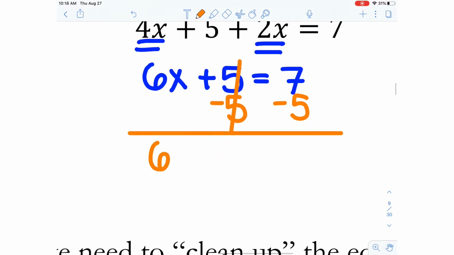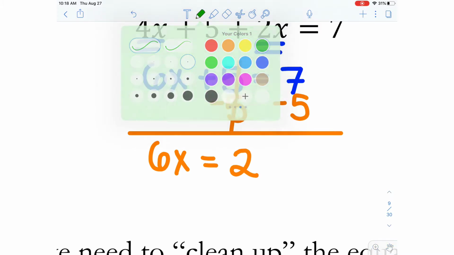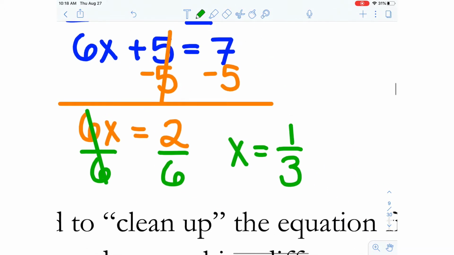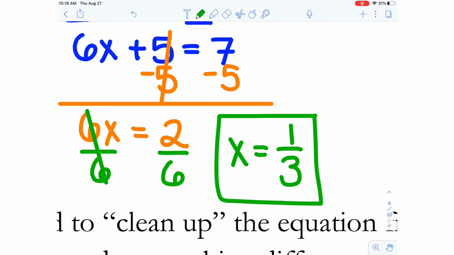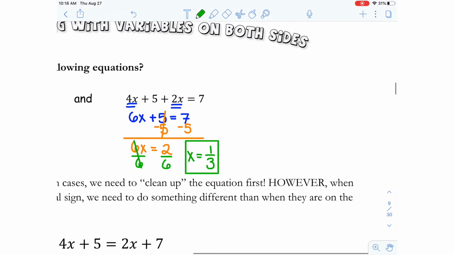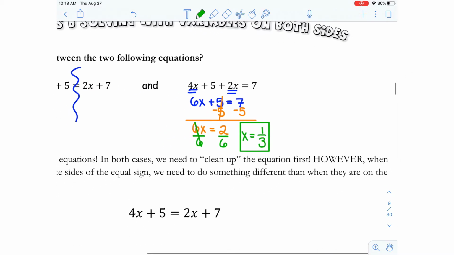So I'm left with 6x equals 7 minus 5, which is 2. And then I divide both sides by 6. And I'm left with x equals 2/6, which reduces to 1/3. Fraction answers are okay. They are allowed. Don't be afraid of fraction answers. So x is 1/3 is the correct answer when the variables are on the same side.